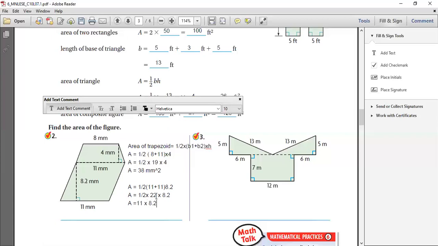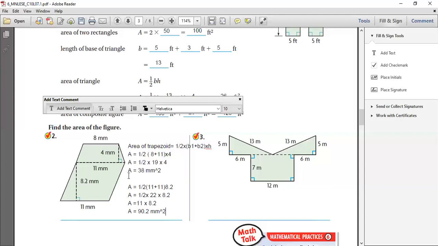Now if you multiply 11 by 8.2, you get, wait, 11 multiplied by 8.2 is 90.2. Okay, 90.2 square millimeters.